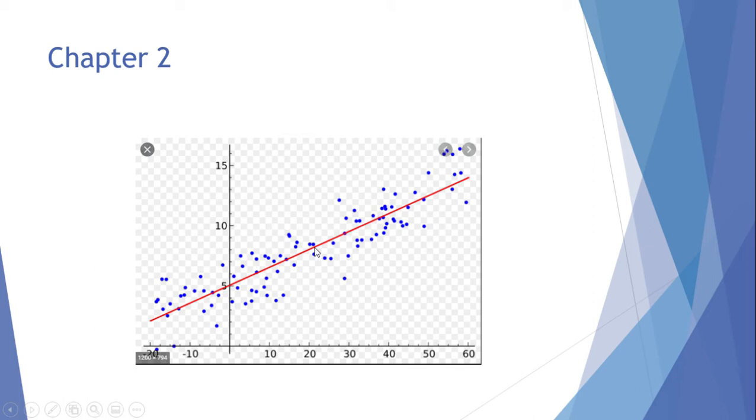Another word for this line is equation, which I've already said. Another word that gets used for this line is model. So according to this model, if you got 20 points on the test, this model predicts that you got about 8 points, or maybe a little bit more than 8 points on the quiz.